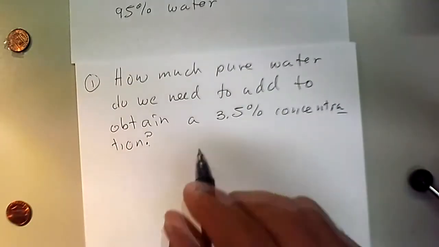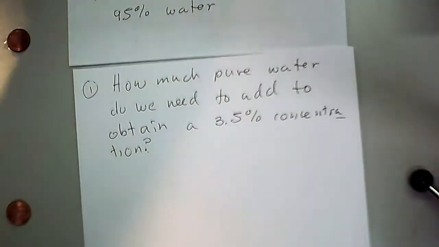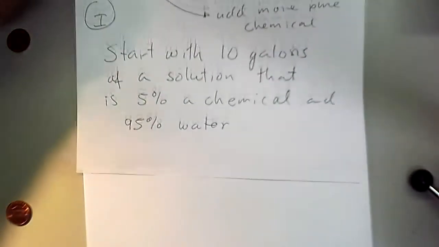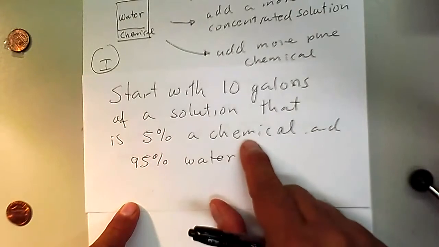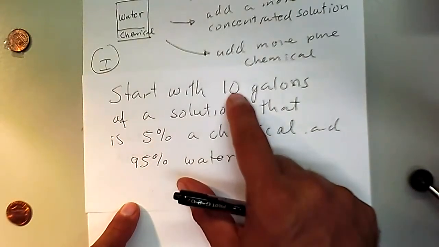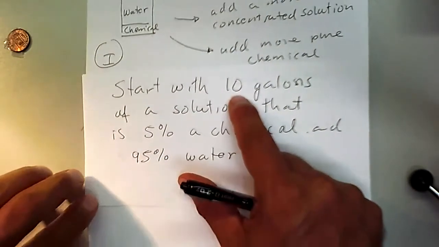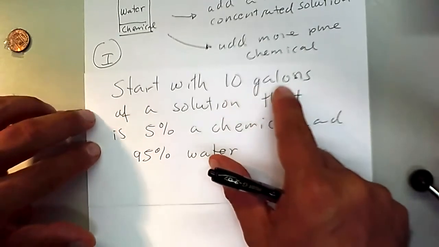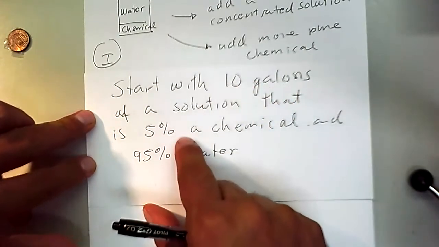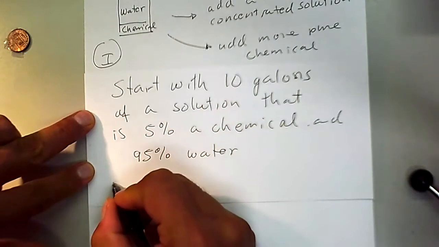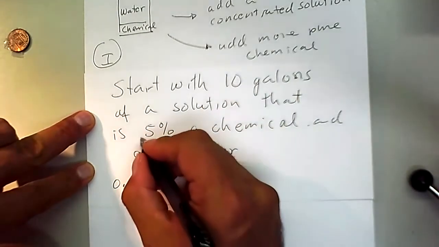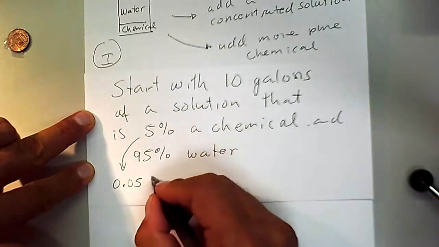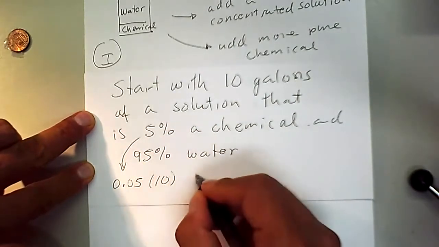All right, so the first thing to notice, and I'm going to back up a little bit to here, is that if you have 5% of the chemical and you have 10 gallons, then we can compute the actual volume of the chemical. 0.05 is 5% of 10 gallons. All we have to do is multiply this out.